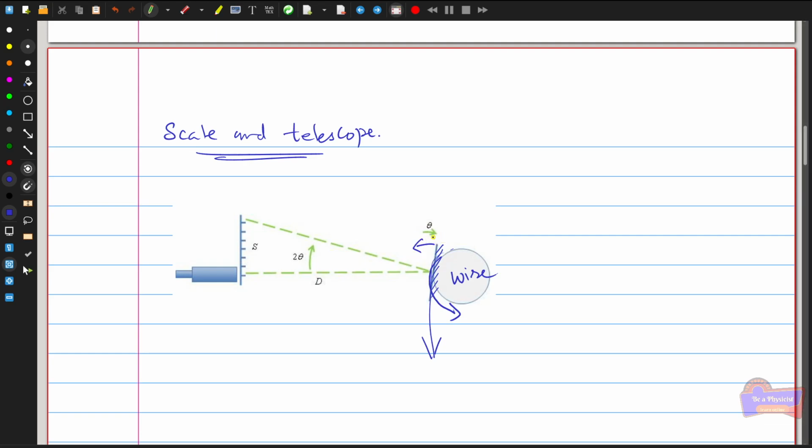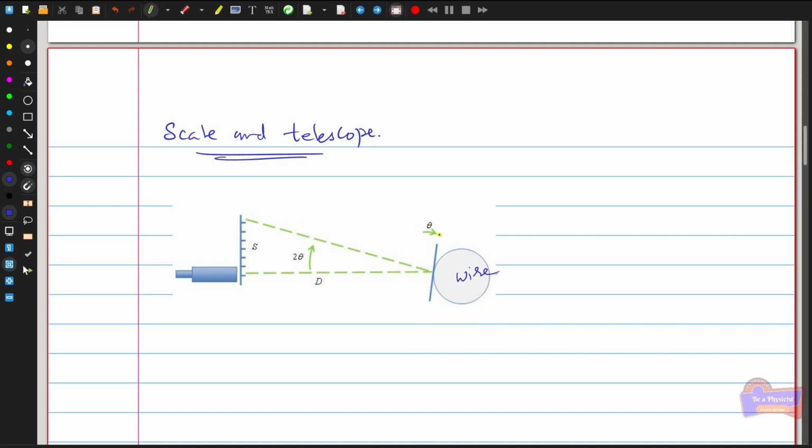Suppose this is a reference point, and the mirror moves in this direction, so there is a theta deviation here. This theta deviation is measured with the scale. Let's take the figure itself.